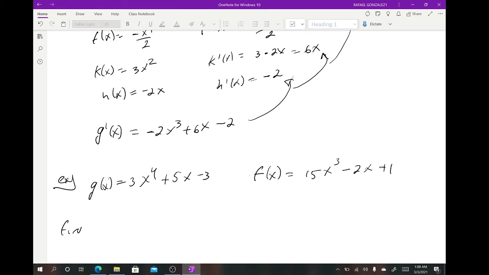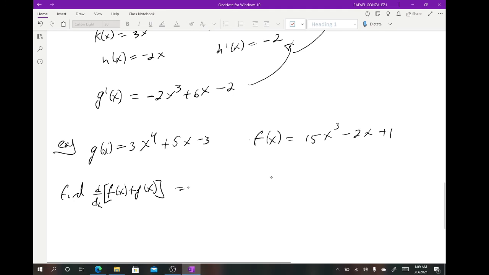If somebody told you to find d dx of f of x plus g of x, well, we now know that this is the same thing as simply doing f prime of x plus g prime of x.